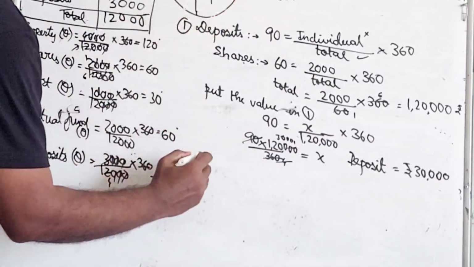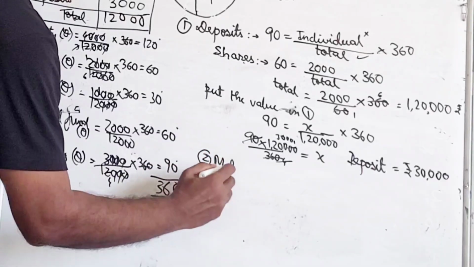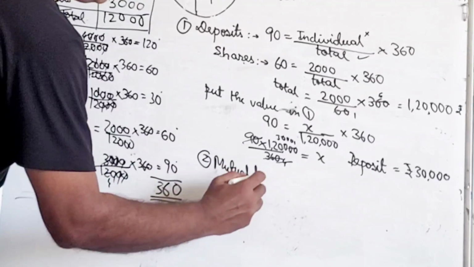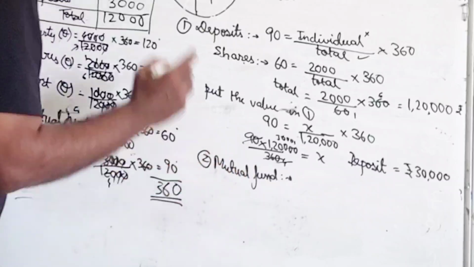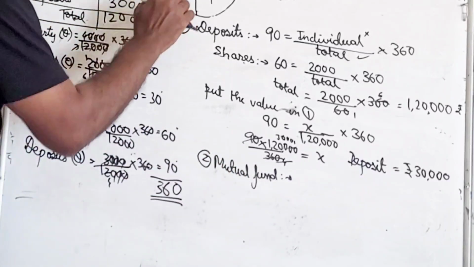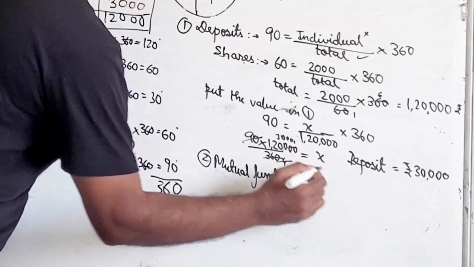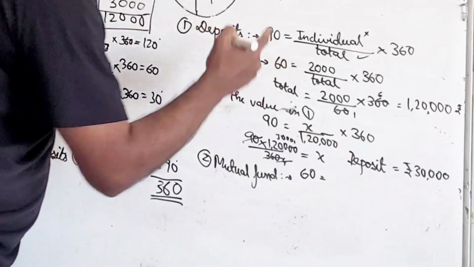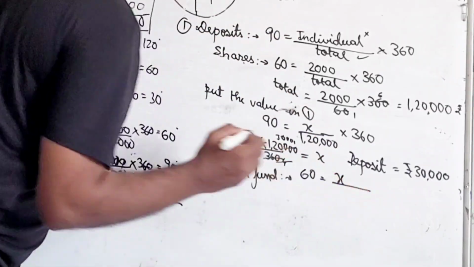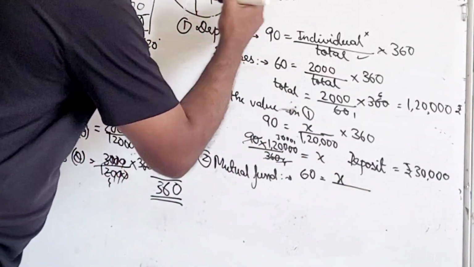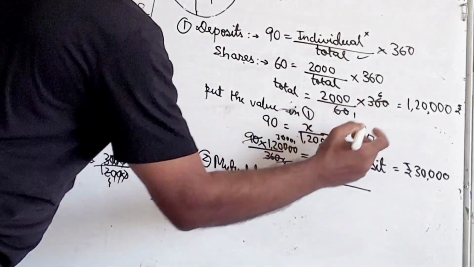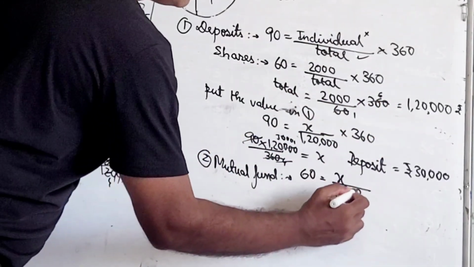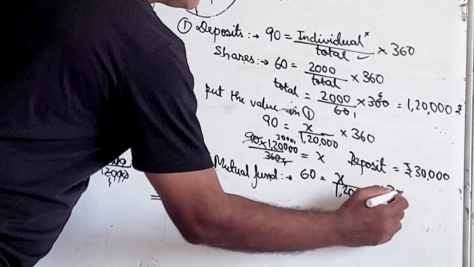Now about mutual funds, again the same thing. We already got the thing that we wanted. Measure of arc of mutual fund is 60 degrees. So I'll put in that. And I want to find out the individual value, how much is invested in mutual fund. And I know the total value. Total value already I have calculated. So it's 1,20,000 into 360.